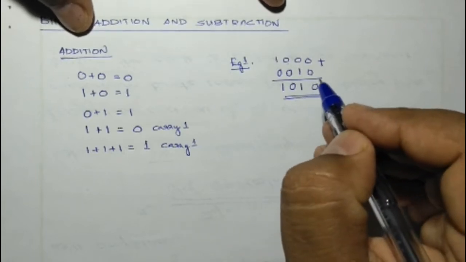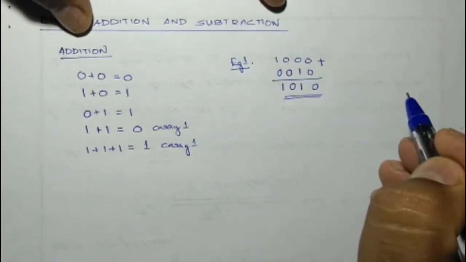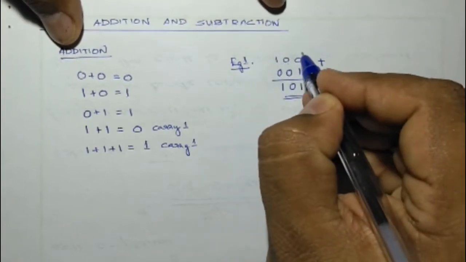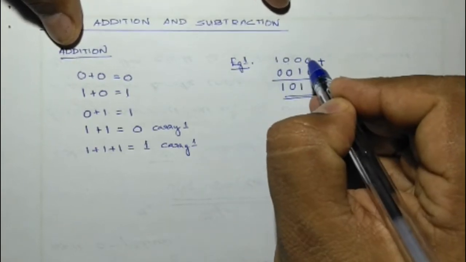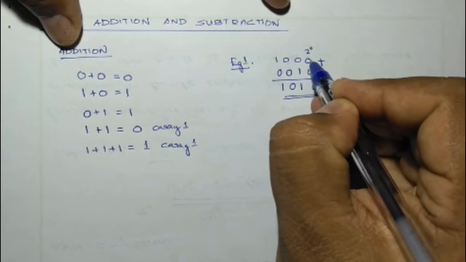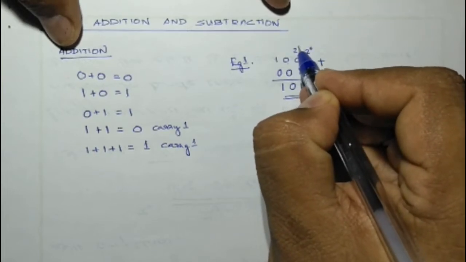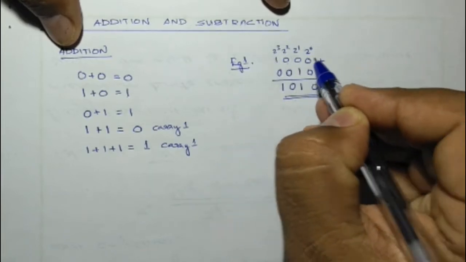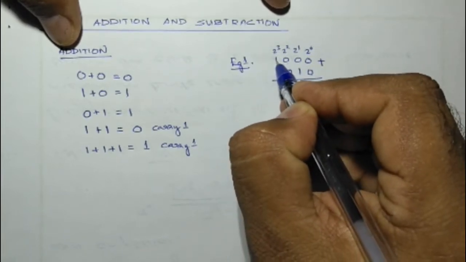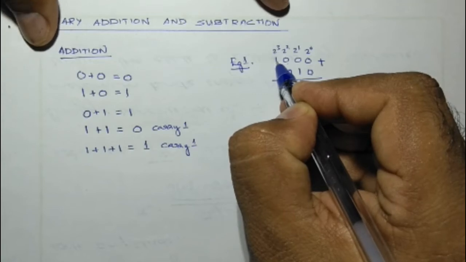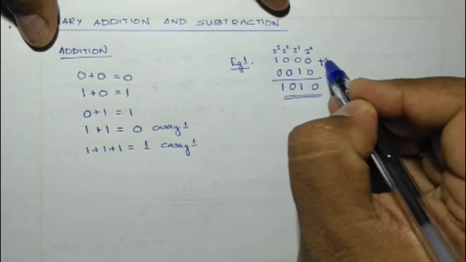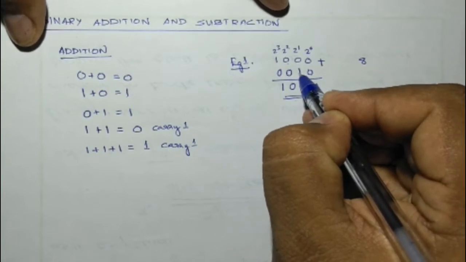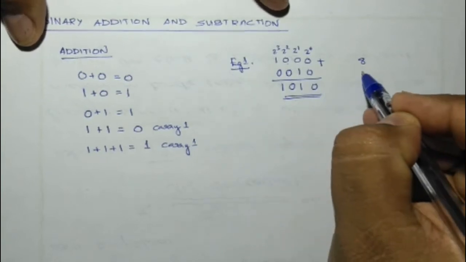Now let's check whether this is correct or not. For that purpose, we need to convert this binary number into a decimal number. We know that this is 2 raised to the 0th position, this is 2 raised to 1, this is 2 squared and this is 2 cubed. So only 2 cubed is relevant in the first number, so this number is 8. And 2 raised to 1 is relevant here, so it is 2.